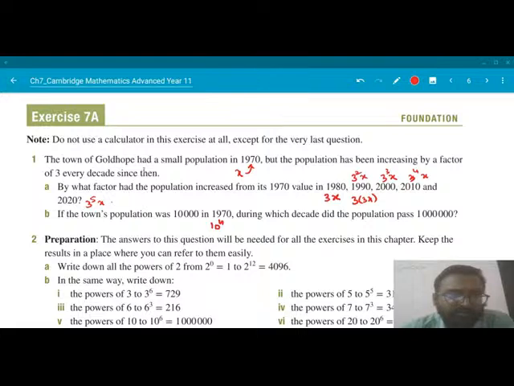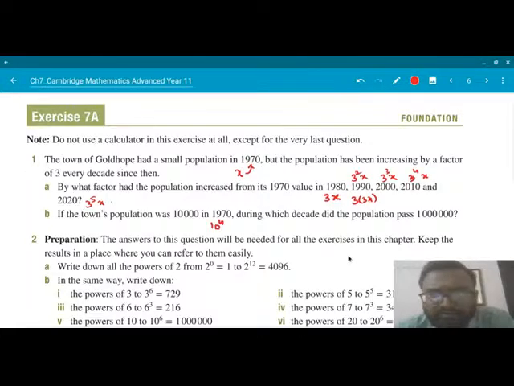Okay, that's right. The population in 2010, we are right, it's 3 power 1. I think he took the value as population increasing by a factor of 3.